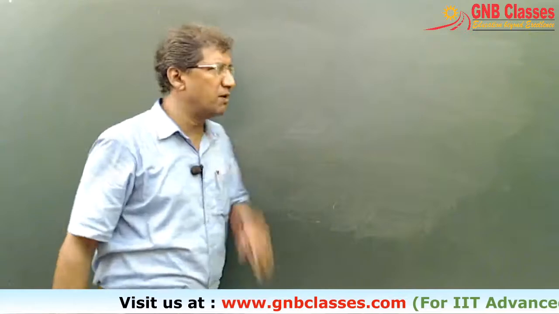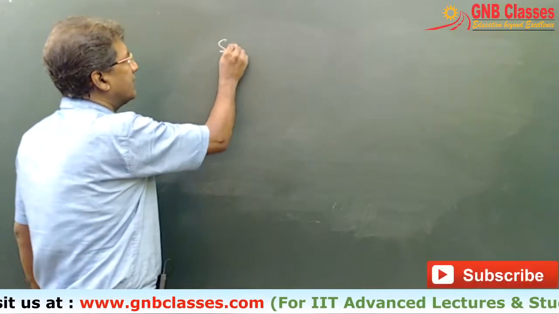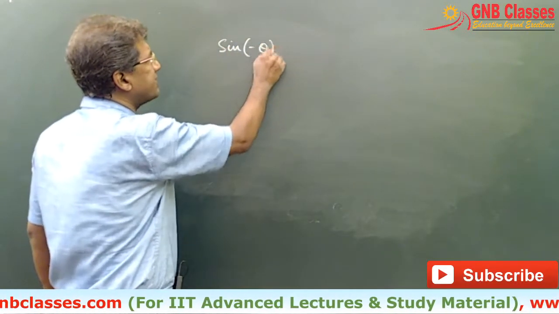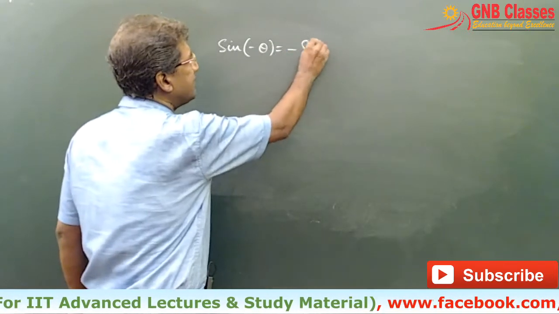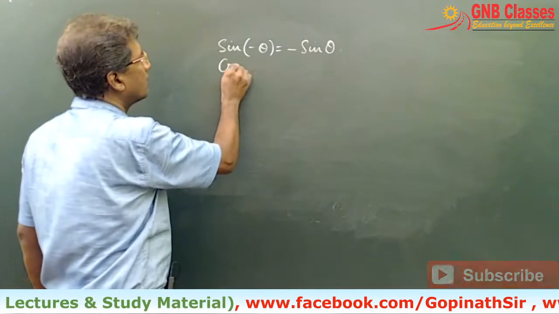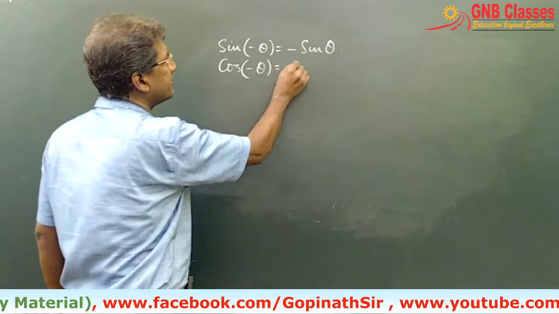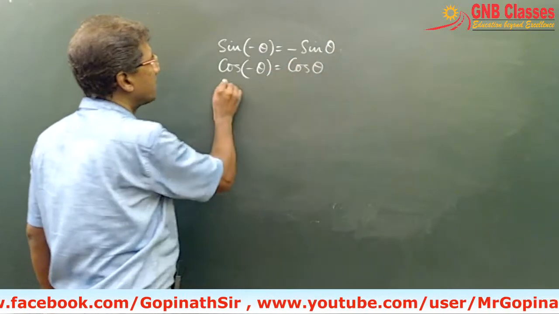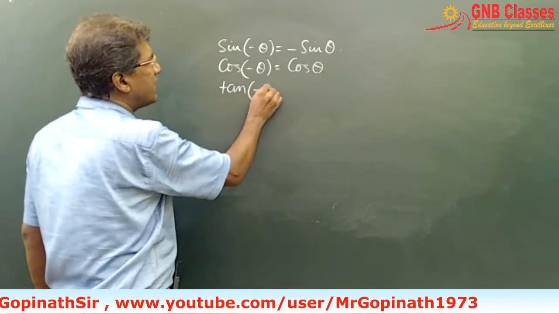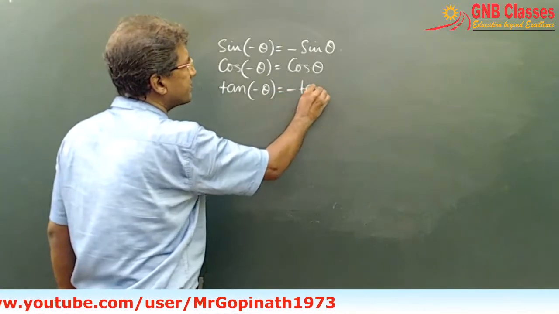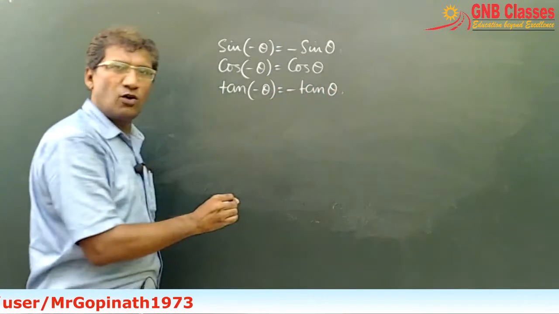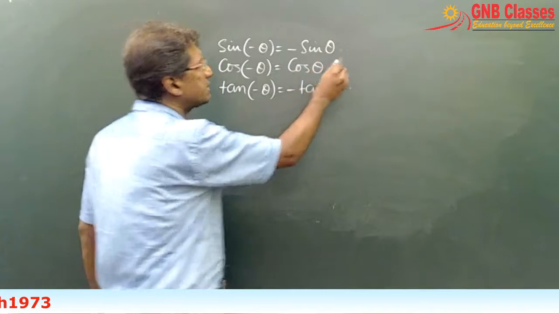one thing you must remember, that sine of minus theta is minus sine theta, cos of minus theta is cos theta, tan of minus theta is minus tan theta. Okay? Sine of minus theta is minus sine theta.